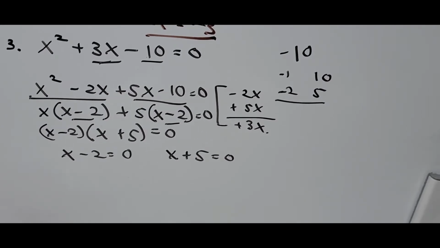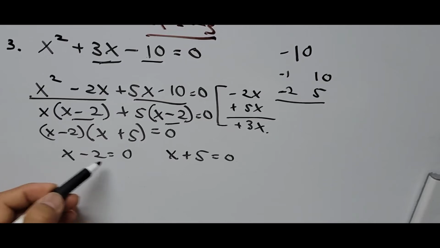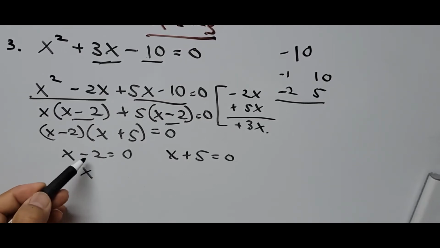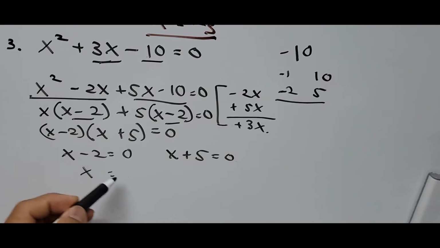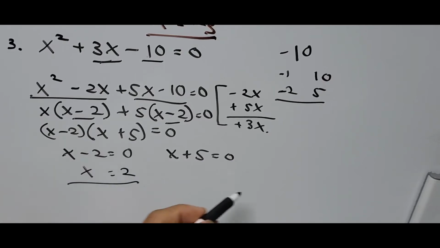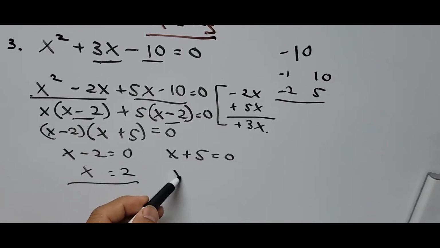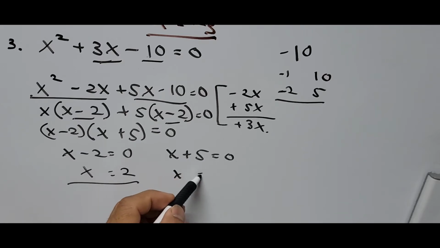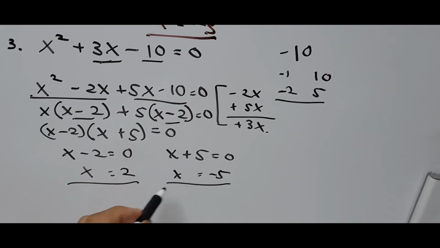Okay, so let's go back to here. So solving for x is transposing negative 2 to the other side, that becomes positive 2. So that's x is 2. And here, the other value, transposing 5 to the other side, it will become negative 5. So you have 2 and negative 5 values of x.